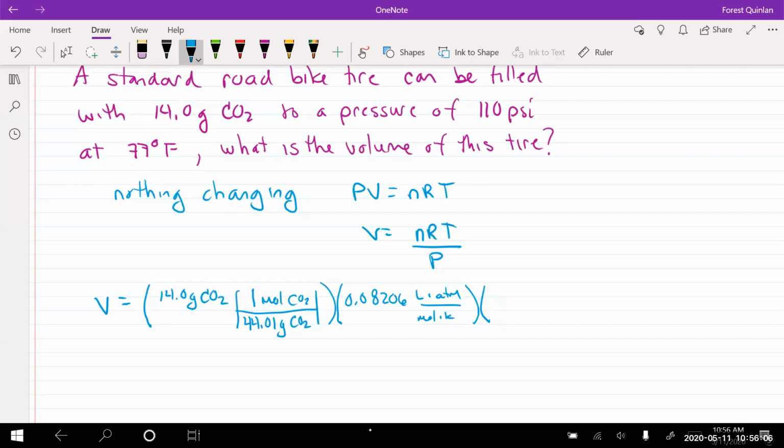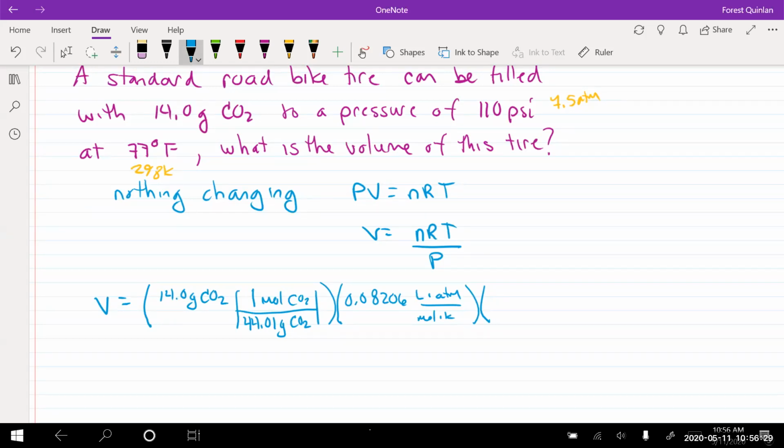What's this temperature going to be? 71 plus 4. Oh, this is Fahrenheit. Don't worry, I'm not going to be that much of a jerk to you. That's 298 Kelvin, and this PSI is 7.5 atmospheres. So I won't do that to you, but I just want to point out that we didn't have the correct units.